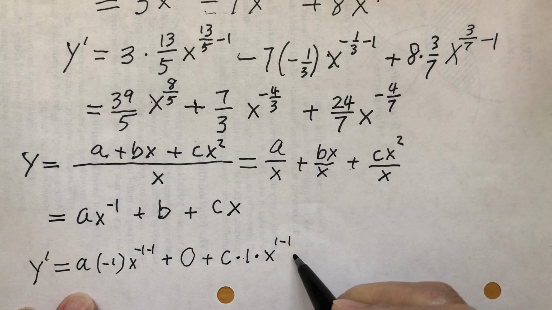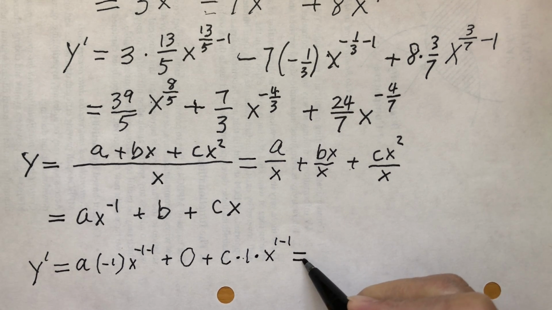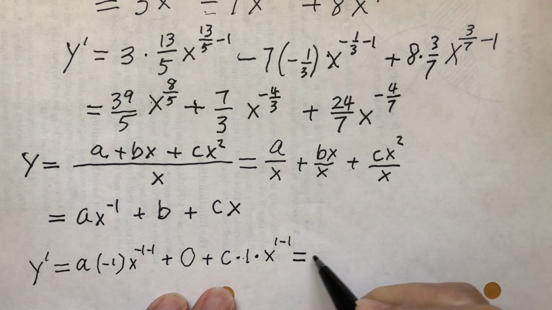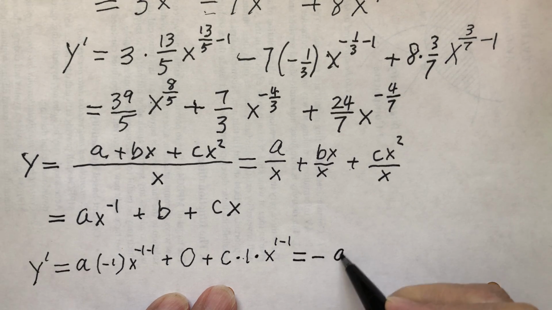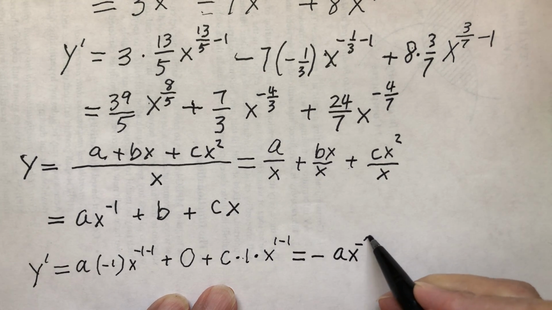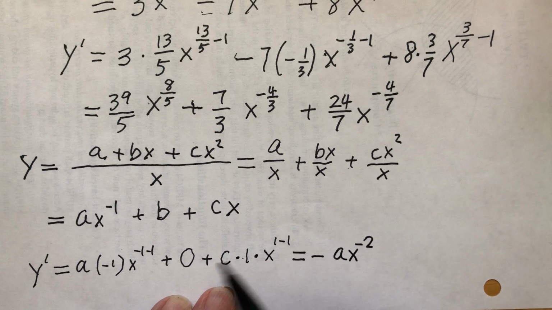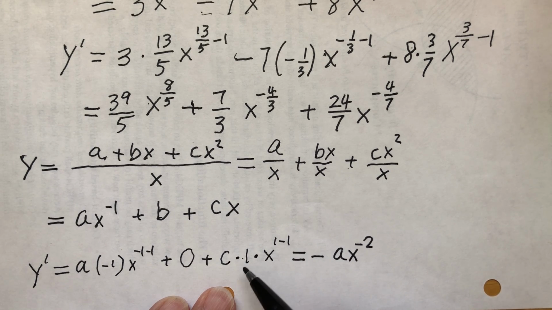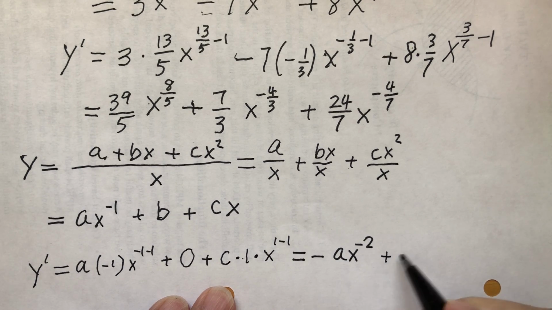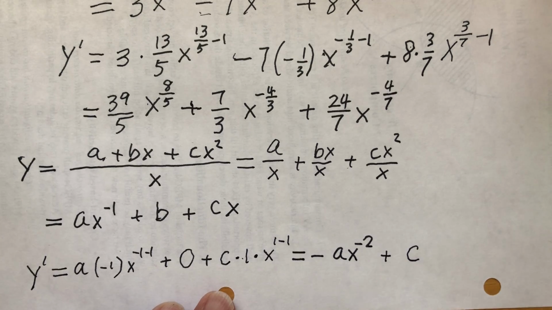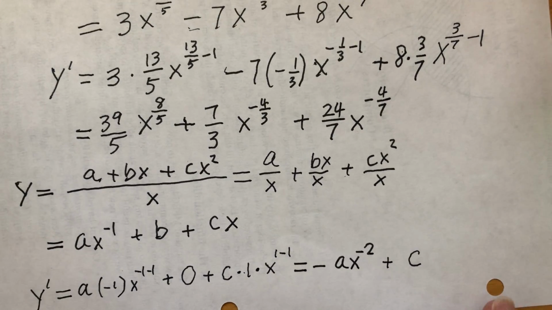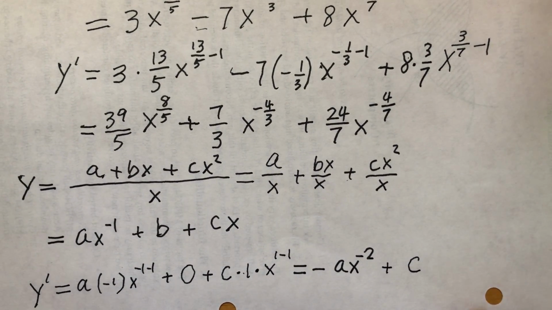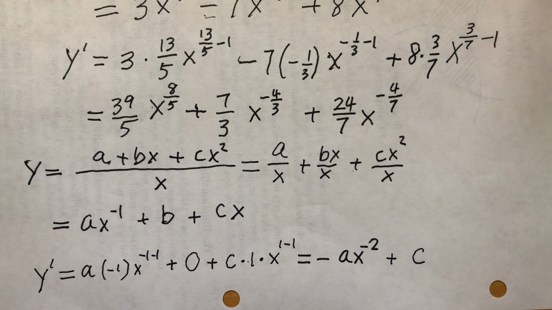So what is this? I simplify it. Then this is minus a x to the power minus 2. And this 0, I don't need to write 0. And 1 minus 1 is 0. So x to the power 0 is 1. 1 times 1 is 1. So I have this. So this is my final answer. The derivative, the final answer. Good.